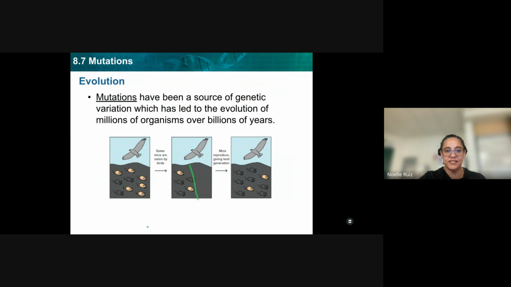So the bird comes and eats, half the mice die, but most of those mice are the white mice. So it's the black ones, the camouflaged ones that will survive and reproduce and pass on their dark fur to be able to be camouflaged more. And that all happened because of a mutation originally.